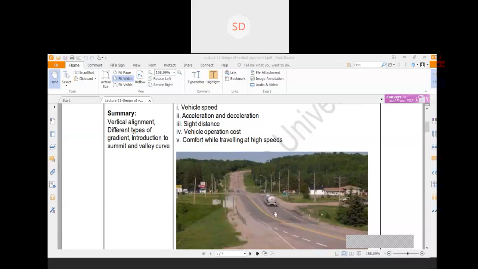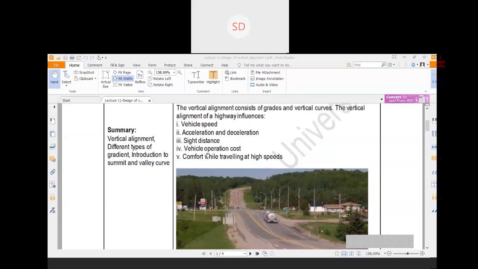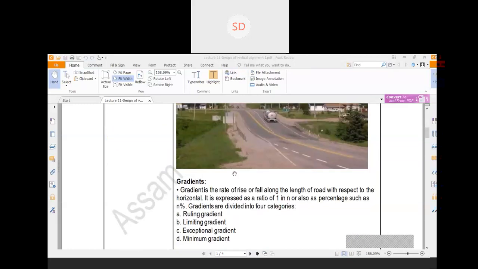But whenever a vehicle is going downward, speed may increase and the rate of deceleration will decrease. For sight distance, if it is a summit curve like that, there may be a hindrance in the visibility. This way, all these parameters are affected by the vertical profiling of the road.